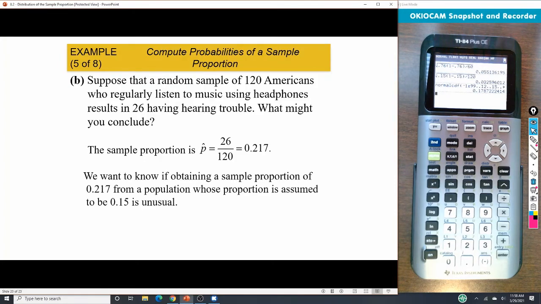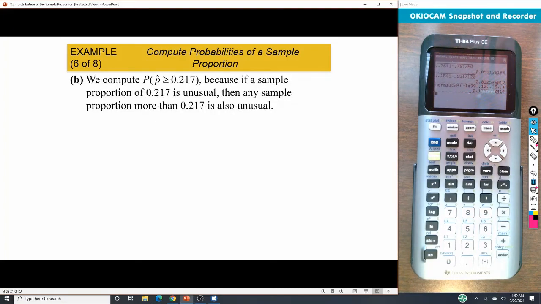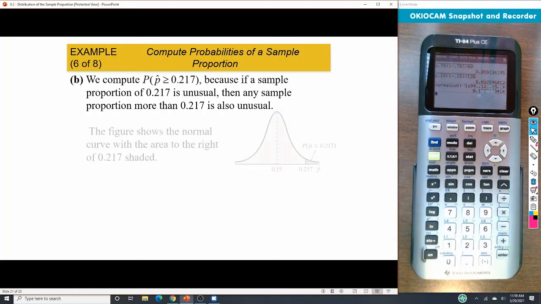We want to know if this is unusual compared to the 0.15. So we want to compute the probability of being greater than 0.217 and see if that is unusual.